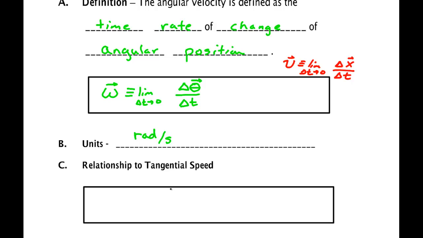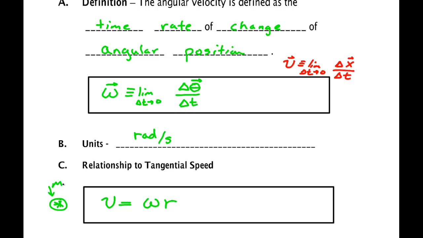The omega is related to the tangential speed an object has running on the circle. That velocity, or speed, I'm leaving off the direction here, is equal to omega times the radius. Very important formula for you to know.